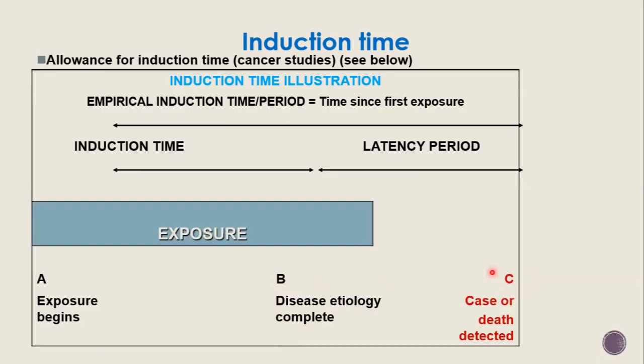So really, what will happen in reality is that the induction time would be the same, but the latency period will be shorter because you could diagnose it earlier. Is that clear? Wait, hold on, sir. You just said the induction time would be shorter. I'm changing that.